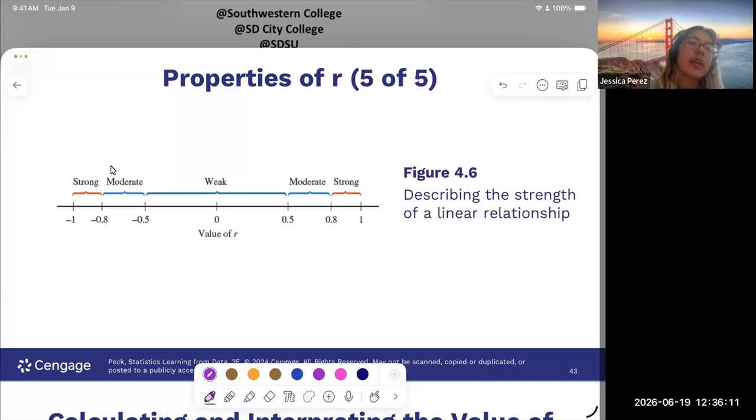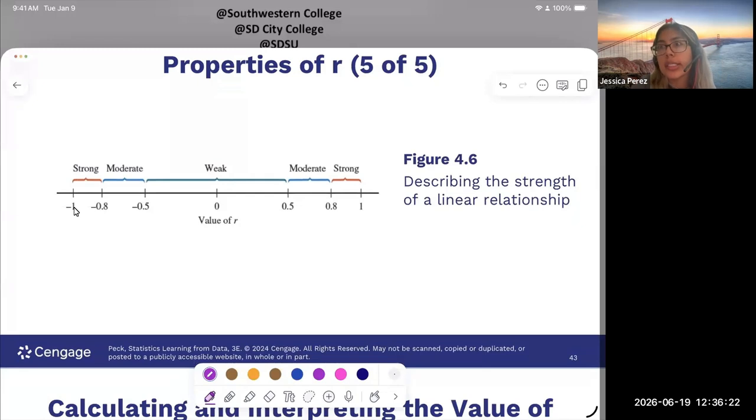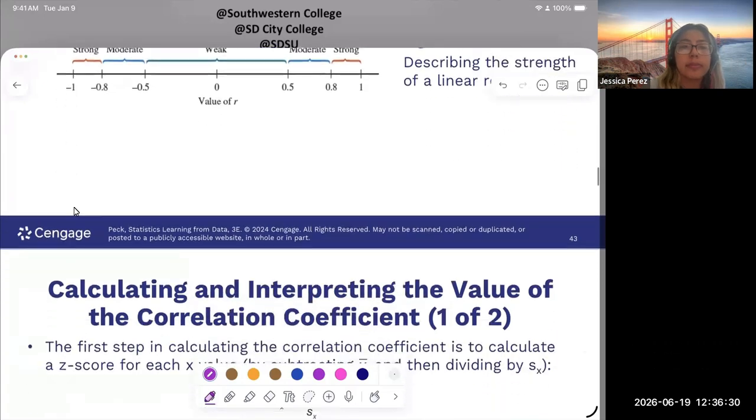Past negative 0.5, it's a moderate negative correlation, and a strong negative correlation if it's between negative 0.8 and negative 1. So this is a good scale to decide what is considered a strong correlation, what's considered weak, and what's considered moderate.